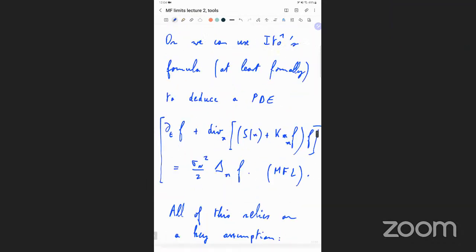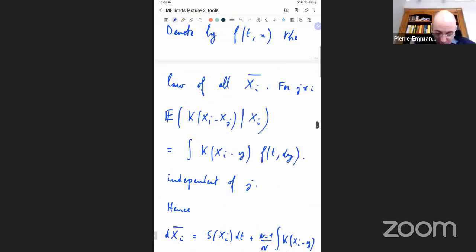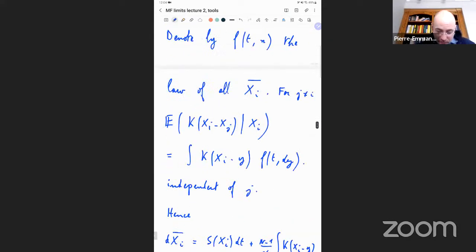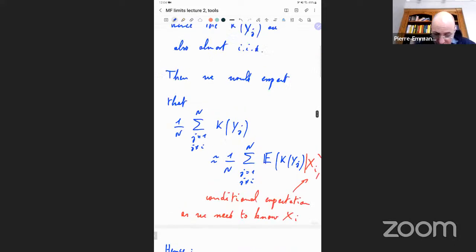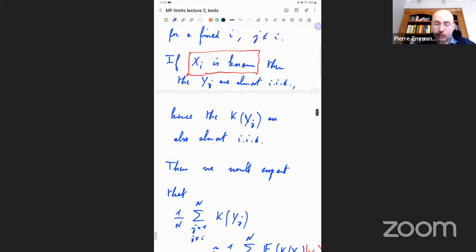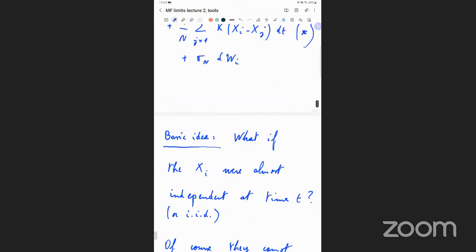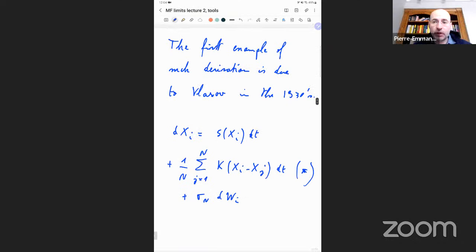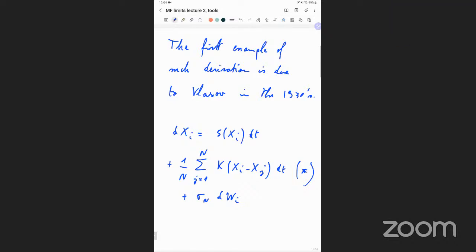So even if you ignore the Brownian, the kind of strategy that I described here is the same. The proof I'm going to show you tomorrow will be valid whether sigma n is equal to 0 or not. Okay, I see.